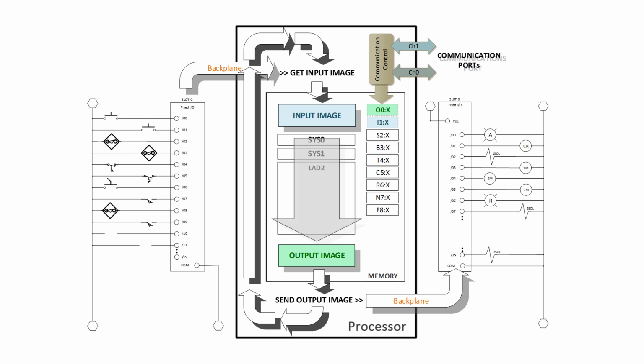Now the only thing that's going to vary with other hardware and other programming software is instead of seeing system 0, system 1, ladder 2, and then O0 colon something, S2, B3, the variables and the program files may have a different look to them, but I guarantee you what's going on here is going on in every single PLC out there.